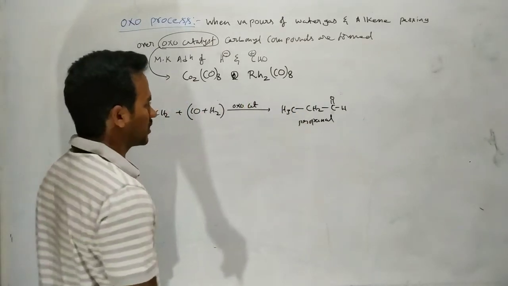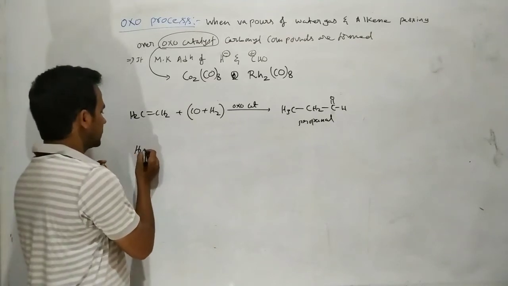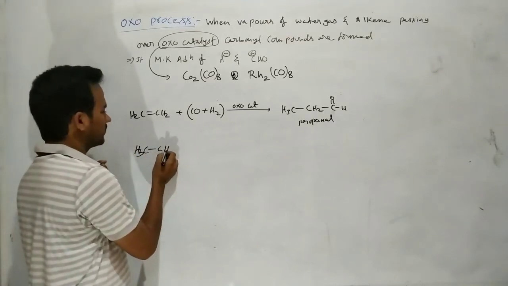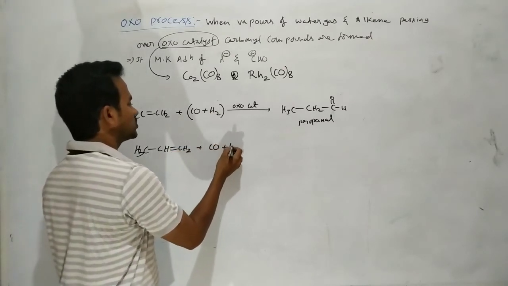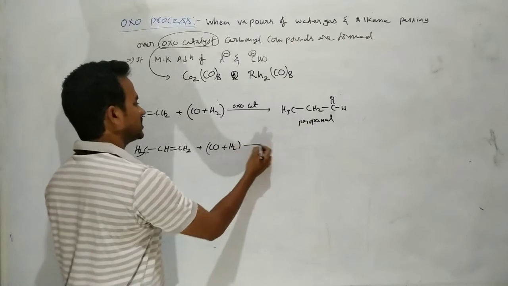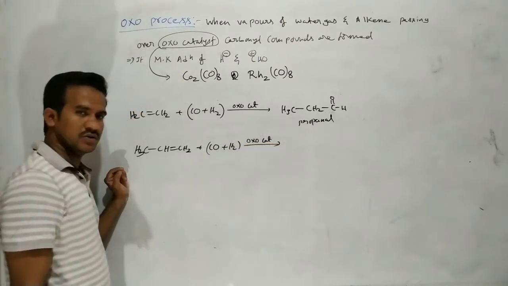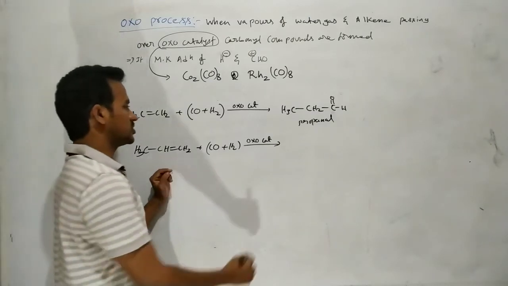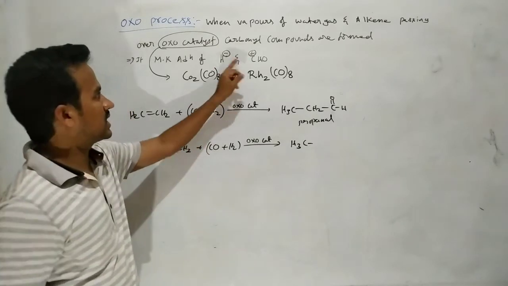Now suppose I take an unsymmetrical alkene, propene, with CO plus H2 and the oxo catalyst. It is the addition of CHO plus and H minus.